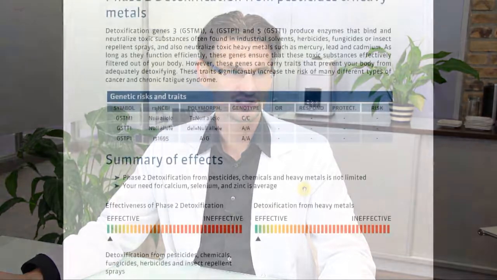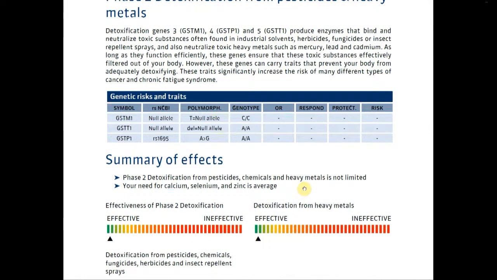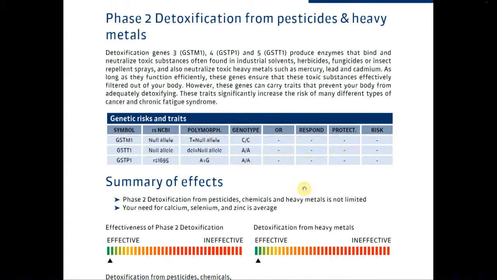and let me zoom in here. These 3 genes are responsible for phase 2 detoxification. And this means if I eat some vegetables that have a lot of herbicides in them, then the vegetables are going to contain these substances. They're going to reach my body. And then there are these 3 genes which produce enzymes which recognize it, neutralize it, and remove it.